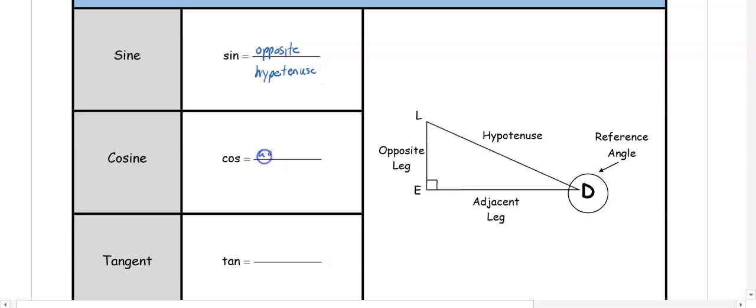Cosine is the adjacent over your hypotenuse. And tangent is the opposite side over the adjacent. So based on the side lengths, you can set up a fraction depending on which trig ratio you are looking for.